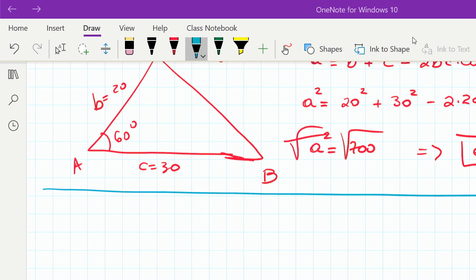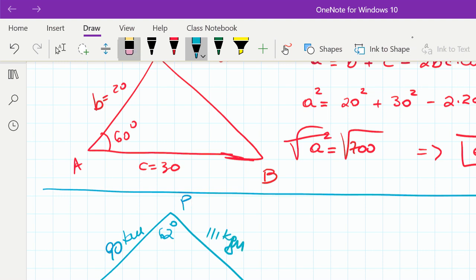Now let's suppose that we have a similar question, that we have a triangle that looks like this, PQR, where the angle P is 62 degrees, and this length is equal to 90 kilometers, and this length here is 111 kilometers, not kilograms, kilometers.